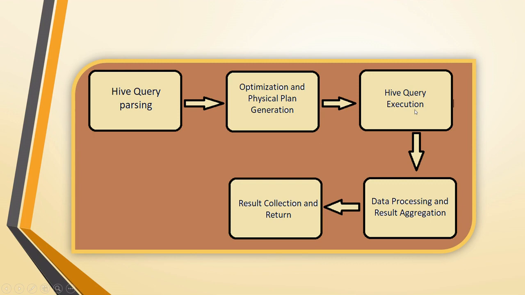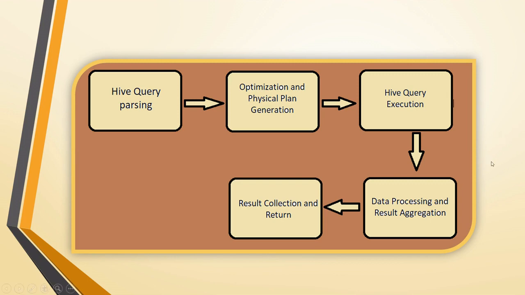After this optimization phase, Spark's query execution engine takes the optimized physical plan and executes it within the Spark cluster. The Spark driver distributes the query execution tasks to available executors which are running on the worker nodes.